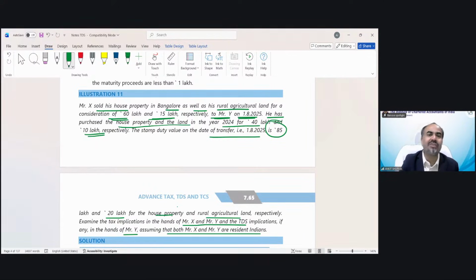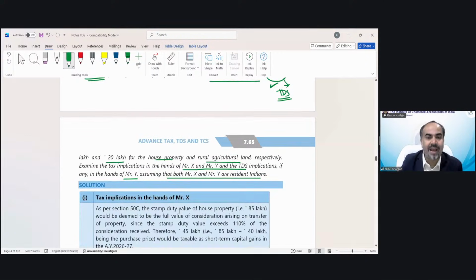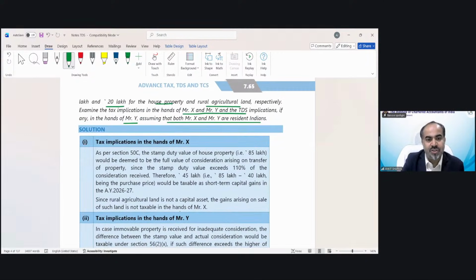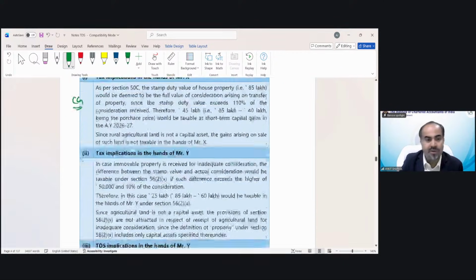So you can see in case of agricultural land, there would not be any TDS at all. And the property which has been sold, other than agricultural land, for 85 lakh, TDS liability would be there because it is exceeding 50 lakh rupees. This is the section 50C provision for capital gain purpose. So this would be part of your capital gain provision.